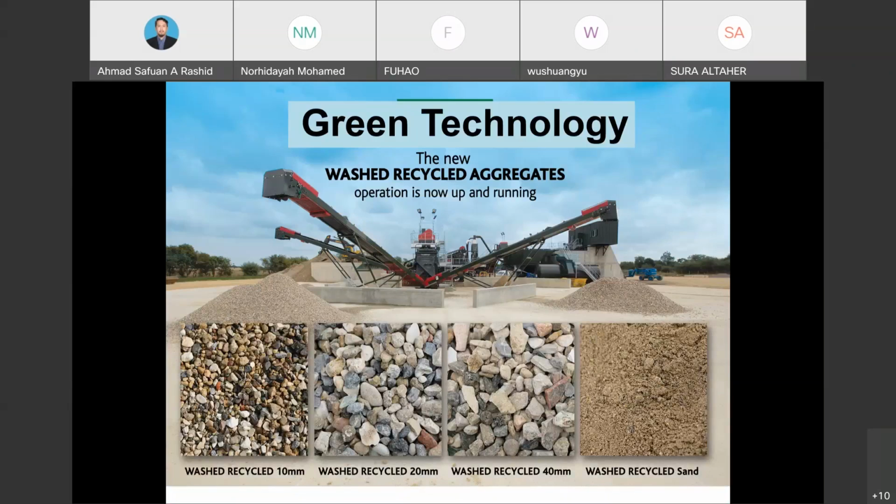Green technology, or you can use waste material. At the moment, I have a research with MMC engineering to use the waste product from the independent power plant, a coal independent power plant, where the waste material is bottom ash. So we use this bottom ash to replace the sand material.